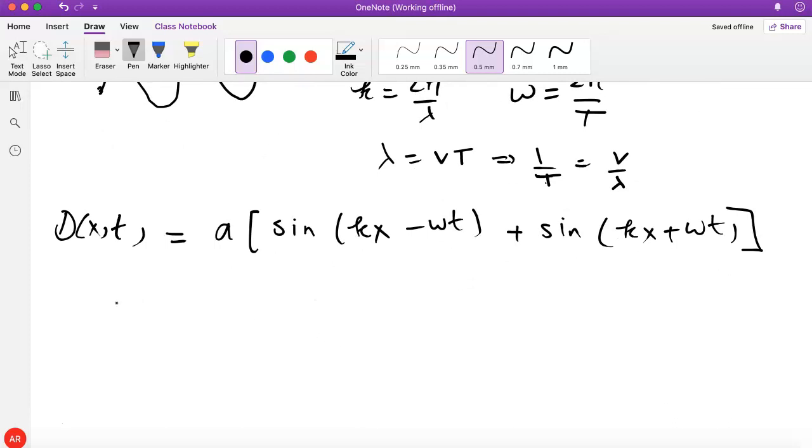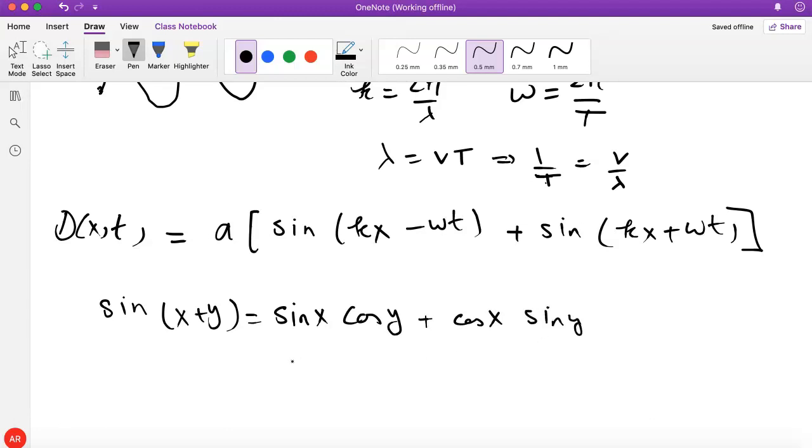Now, if you remember, sine of x plus y is sine x cosine y plus cosine x sine y, right?